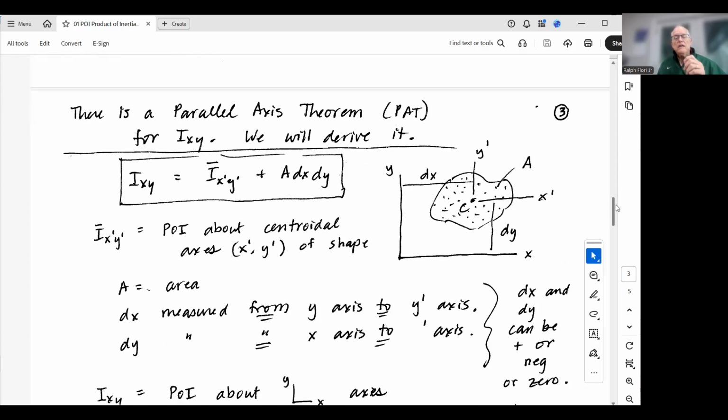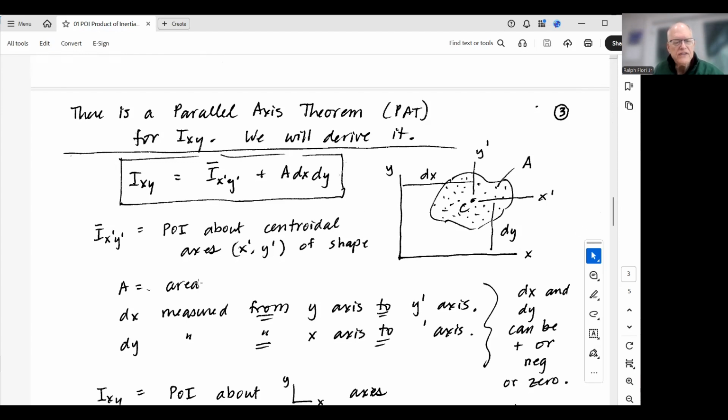So it's not a single axis moving to another single axis that's parallel to it. It's a coordinate system, an x and a y axis, being moved to another x and y axis where the axes are parallel to one another.